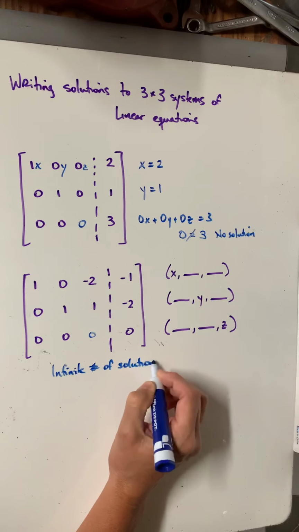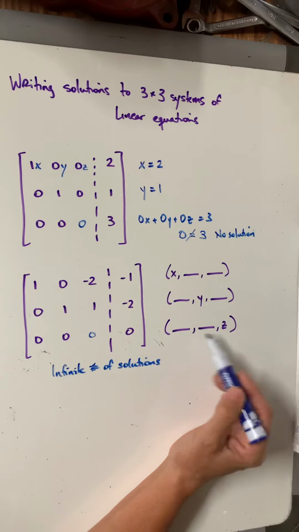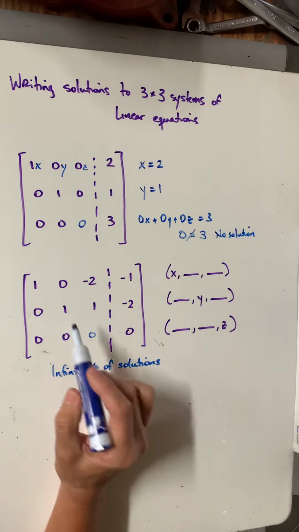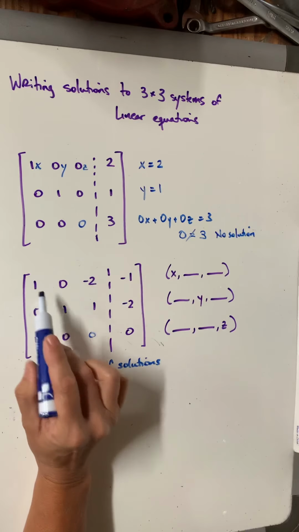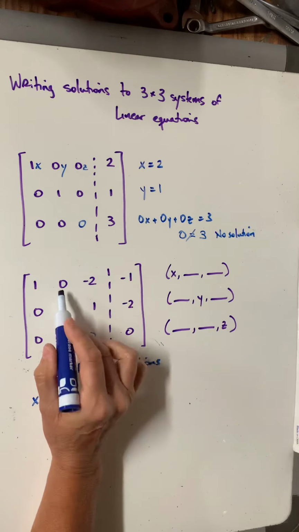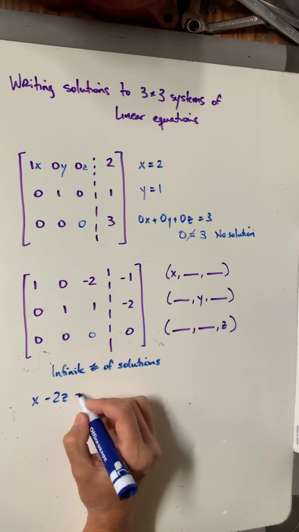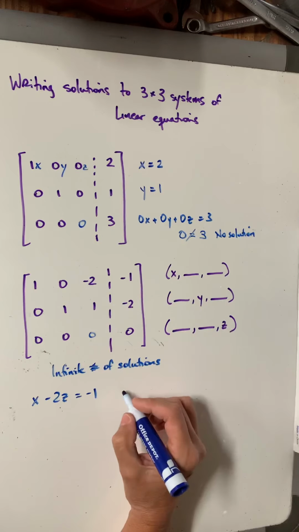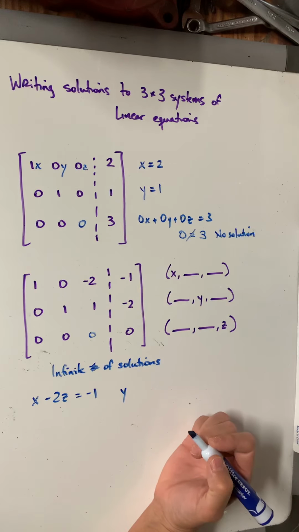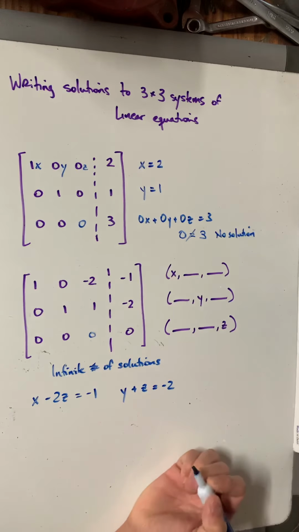And when you do that, the trick is to figure out how to put it in the format that they want. So if I were to rewrite this, reinserting my variables, I would have 1x plus 0y minus 2z equals negative 1. And then for this row, I would have 0x, then I'd have 1y plus 1z equals negative 2.